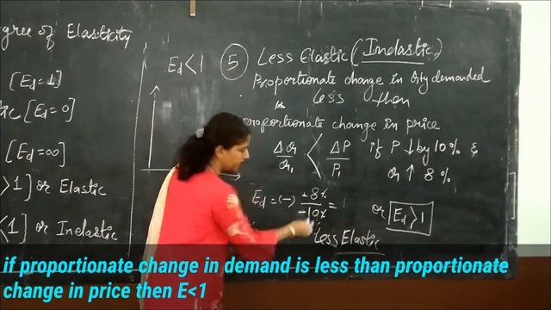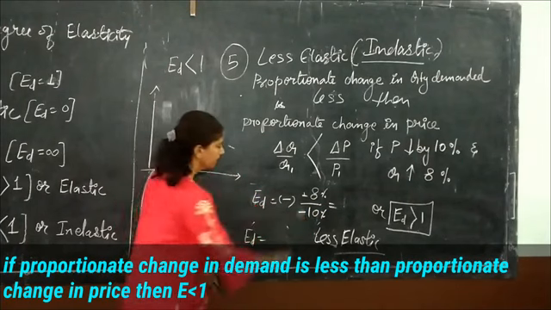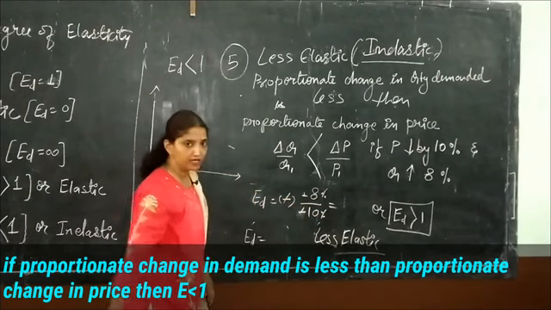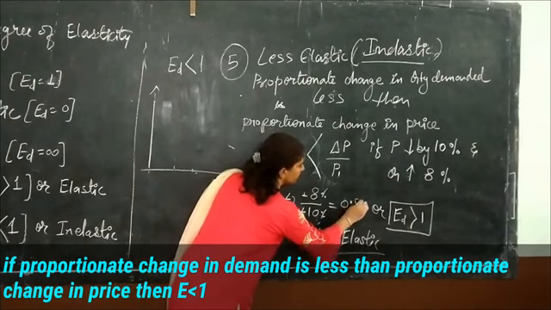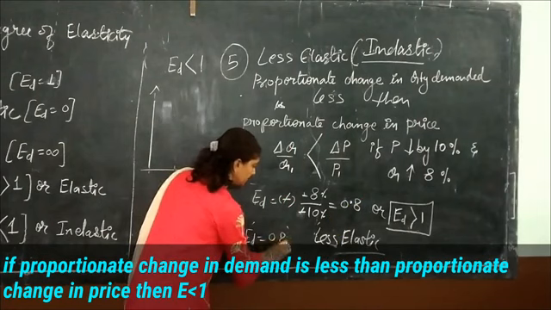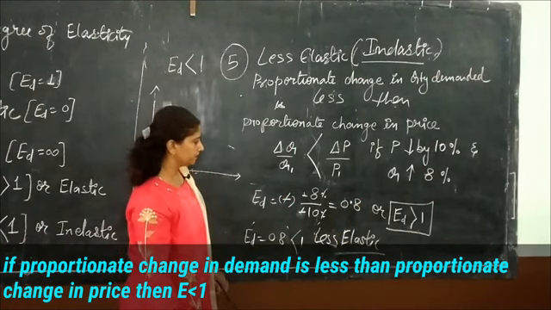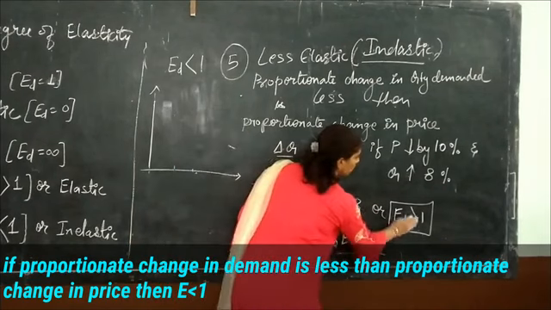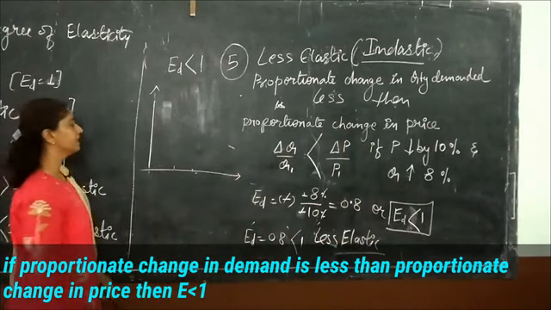I am putting a negative sign here because there is a fall in price. Okay, negative sign will cut, and 8 divided by 10 will equal 0.8, and this elasticity 0.8 is less than 1. So we can say that this demand is less elastic demand.